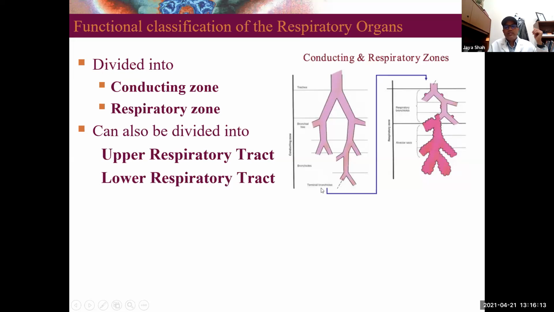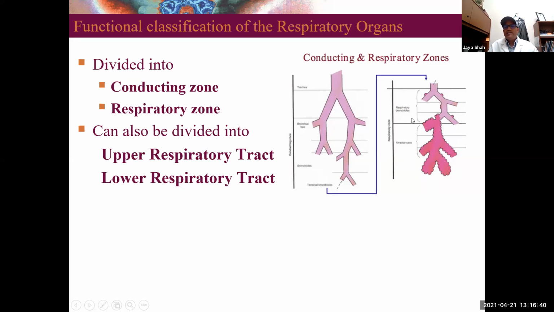After the terminal bronchioles, it becomes respiratory bronchioles, and then alveolar duct, alveolar sac, and the small bumps you see like grapes, those are alveoli, or singular alveolus. All these structures are respiratory zone because these areas can exchange gases.